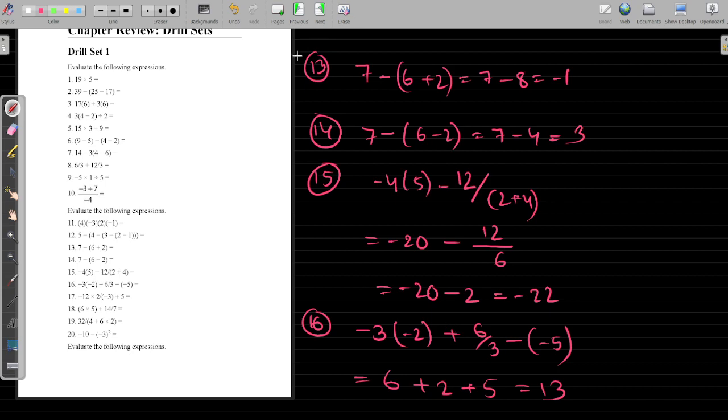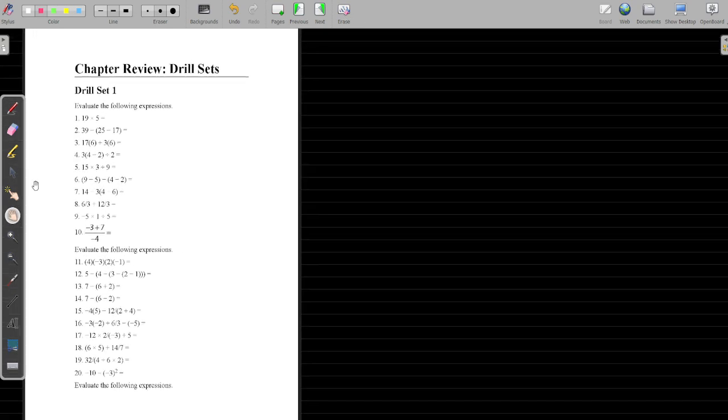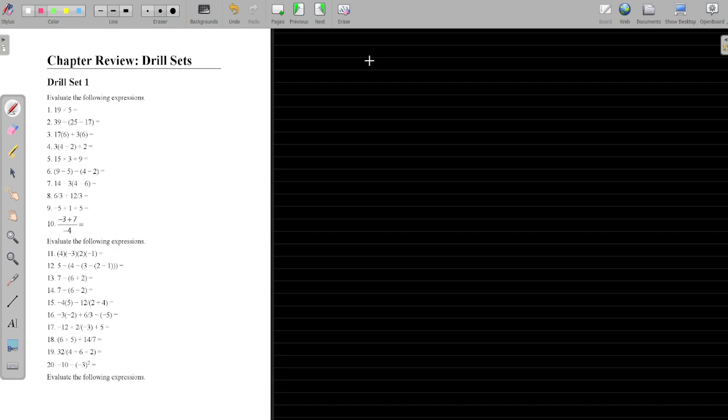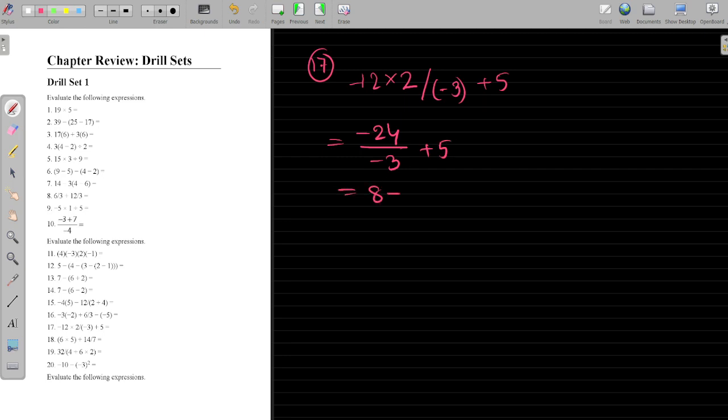Okay, now I'm going to solve number 17. 17 will be minus 12 multiplied by 2 divided by minus 3 and plus 5. So this one will be minus 24 divided by minus 3 plus 5. This one will be 8 plus 5 means 13.